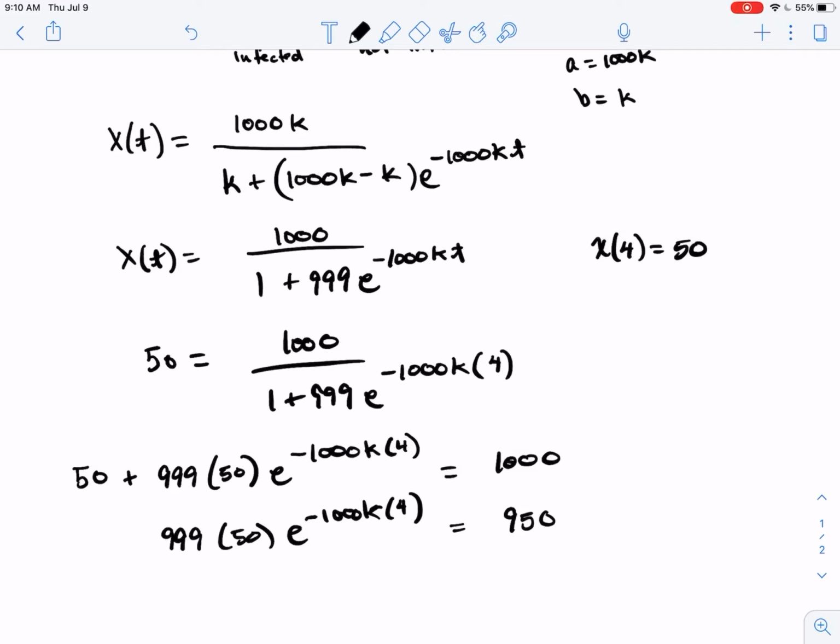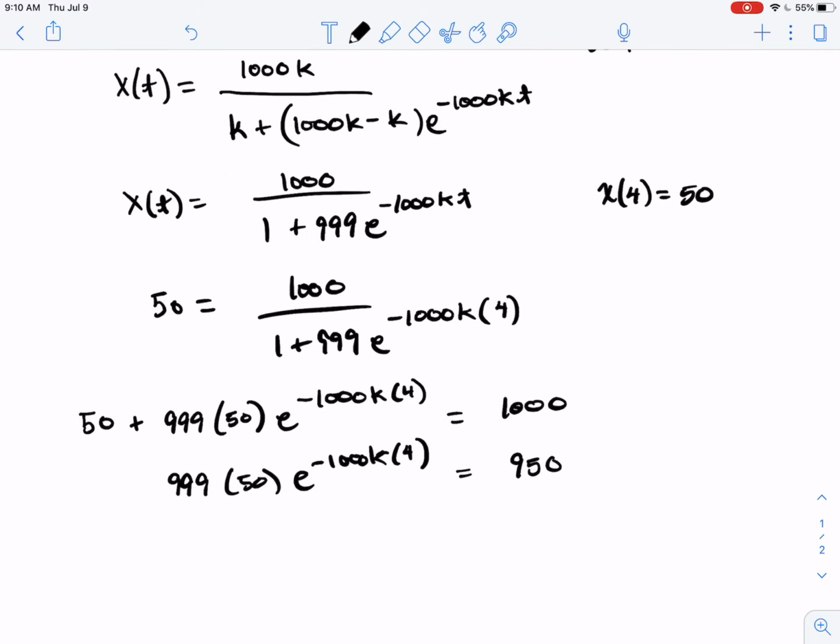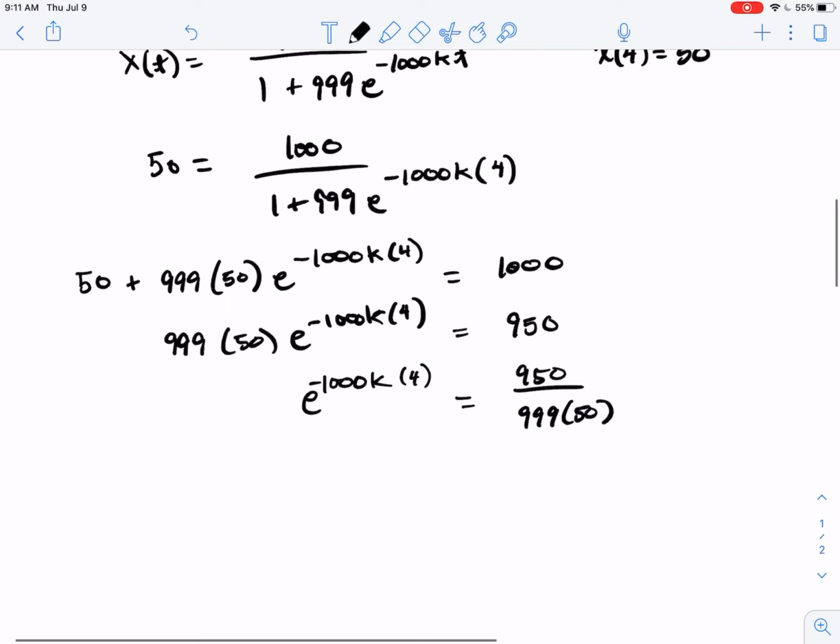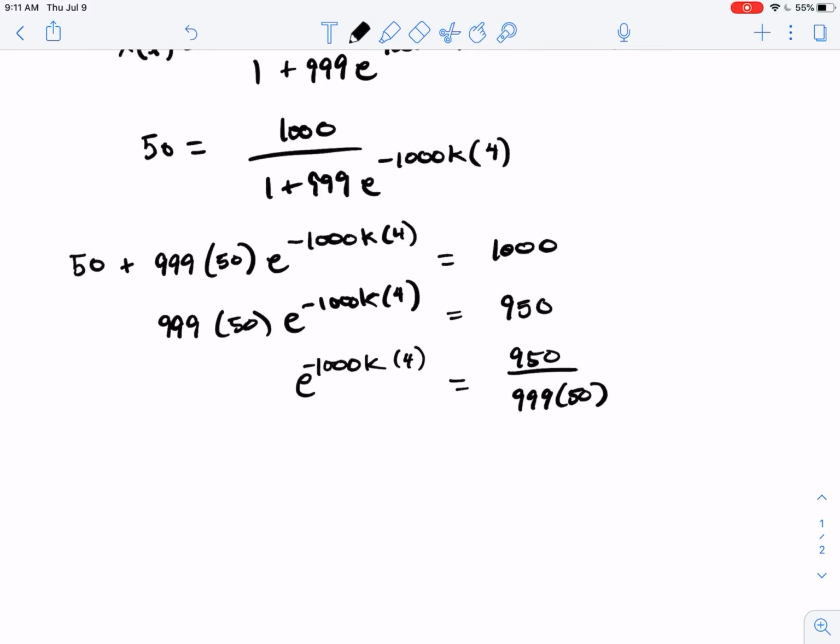Okay, now from here, we could say, just by simplifying, you're going to divide, you'll get e to the negative 1,000 k times 4 equals 950 over this 999 times 50. Notice I'm not really simplifying. I'll do that now with the calculator.